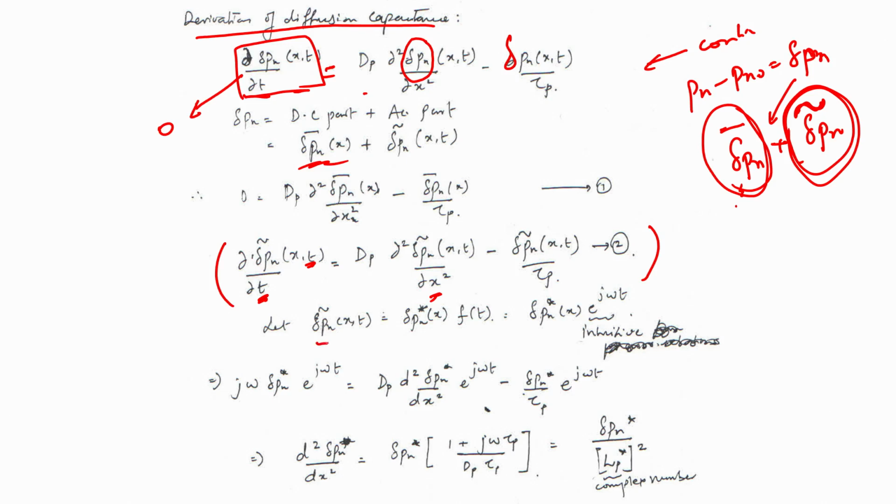So this is the AC component of the injected charge, and we will say that it is equal to delta Pn star, which is the magnitude, which has only the spatial part, into e to the power j omega t, which has the time dependence.